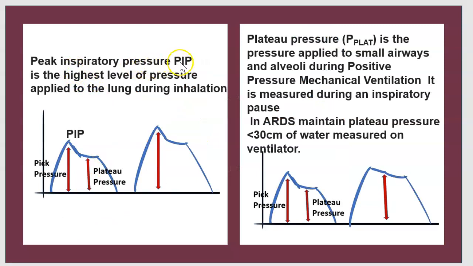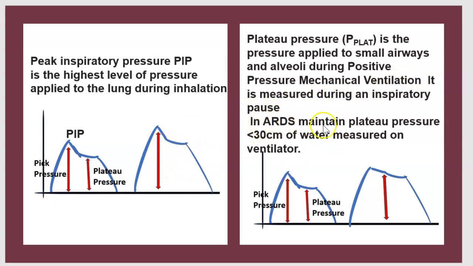Peak inspiratory pressure is the highest level of pressure applied to the lung during inhalation. Plateau pressure is the pressure applied to small airways and alveoli during positive pressure mechanical ventilation. It is measured during inspiration pause.